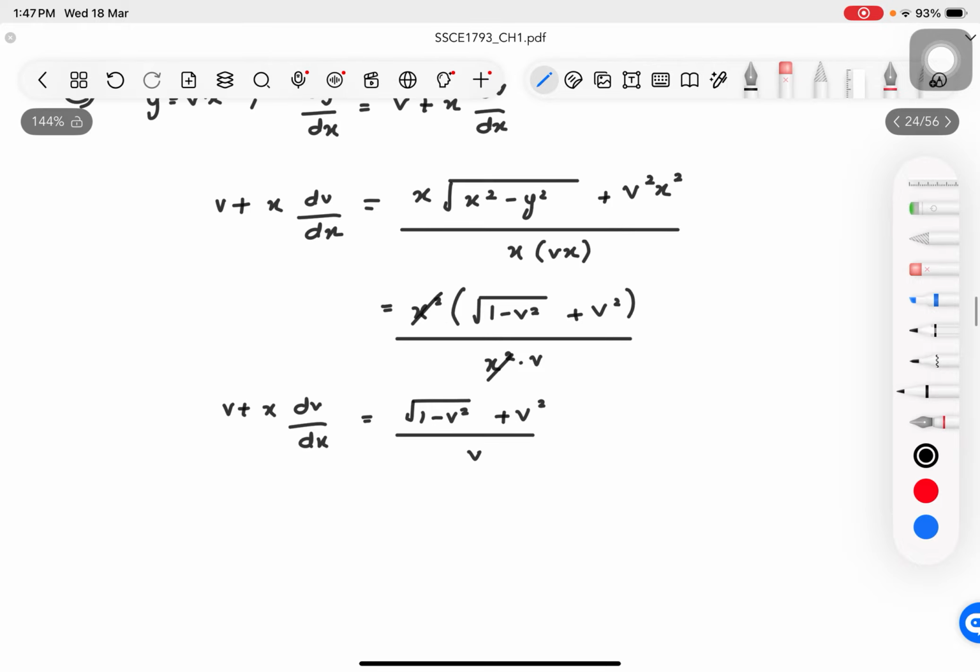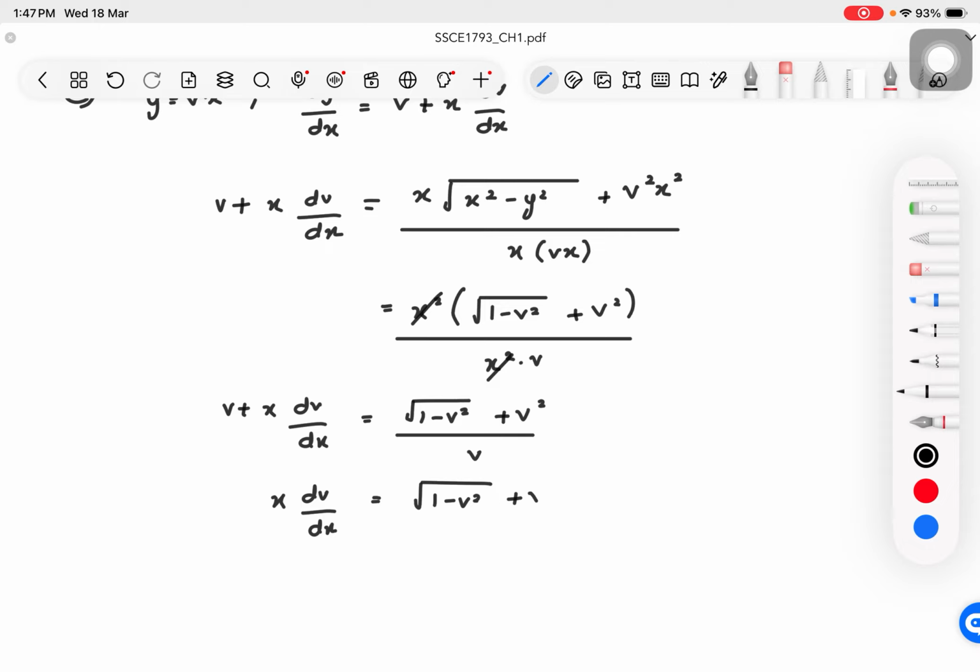So now we are going to separate the equation.